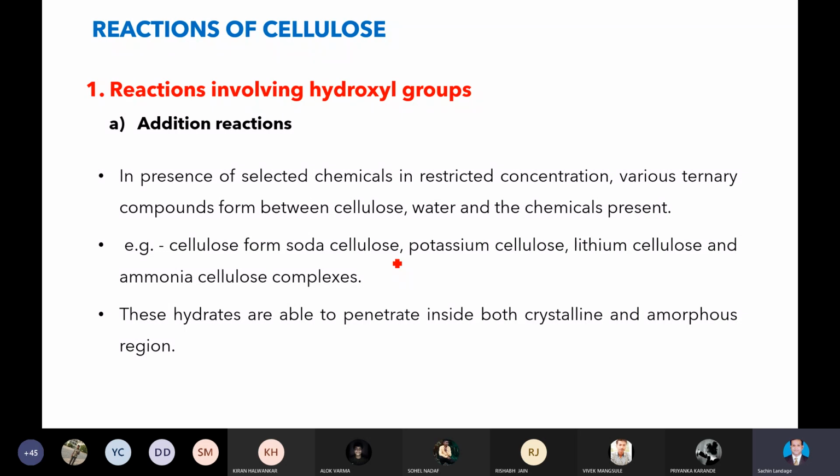But this hemicellulose gets solubilized in 17.5 to 22.5% NaOH, so that the cellulose we get later will be in the purest form. So at this stage, with the NaOH treatment, the hemicellulose gets dissolved, and we get the soda cellulose.